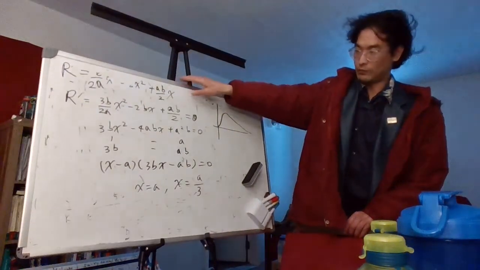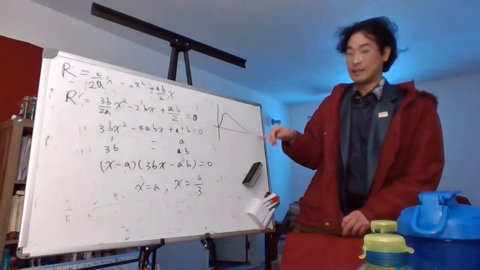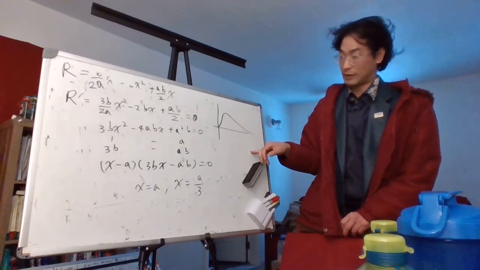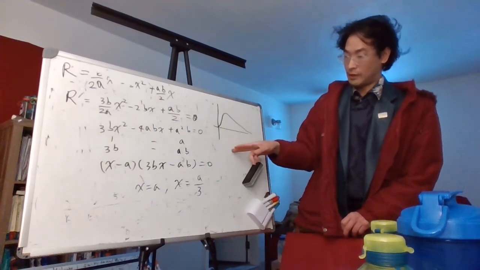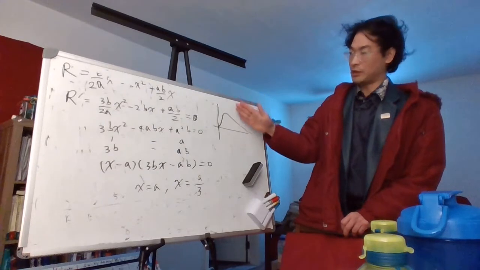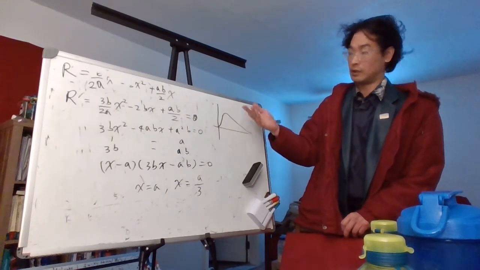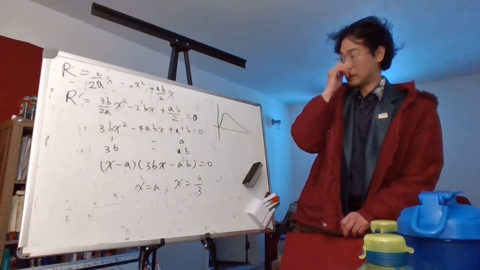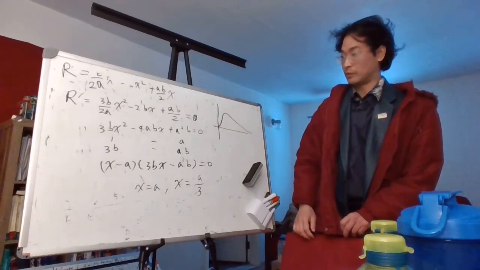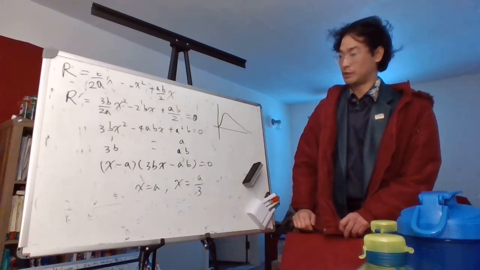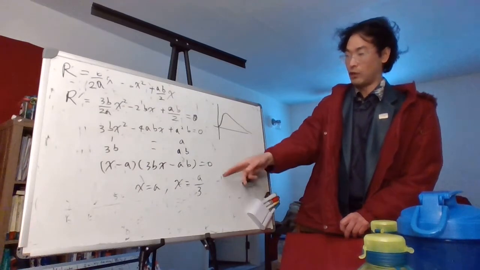Yeah, we'll erase this one, okay? It breaks my heart, alright? But this is the pyramidal demographics, right? And then we integrate that and we found the profit maximization point happens at A over 3.